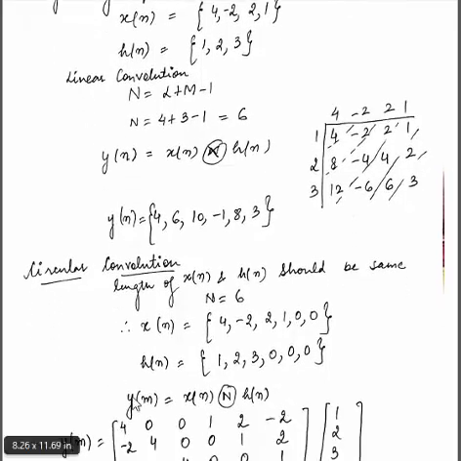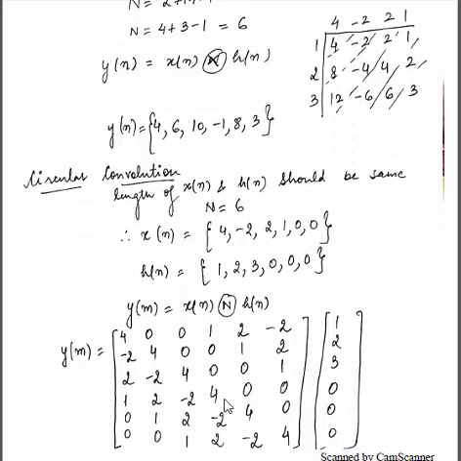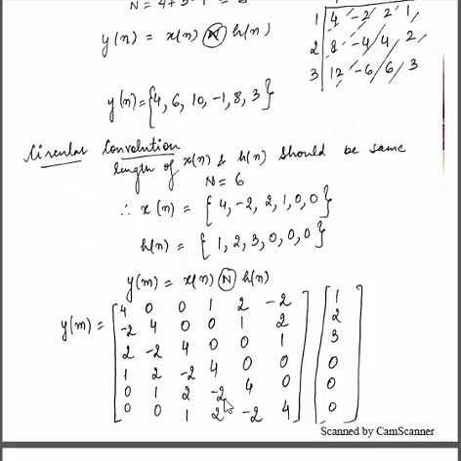And the formula of circular convolution is y of m is equal to x of n circular convolution h of n. This is the sign of circular convolution. Now perform circular convolution by the matrix method. The sequence x of n is written in matrix form. x of n contains 6 samples, so this is a 6 cross 6 matrix, and this is the second sequence, that is h of n.